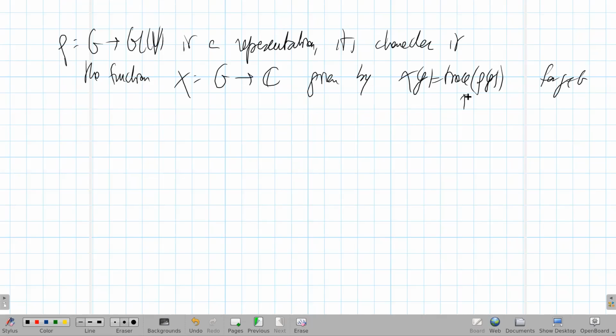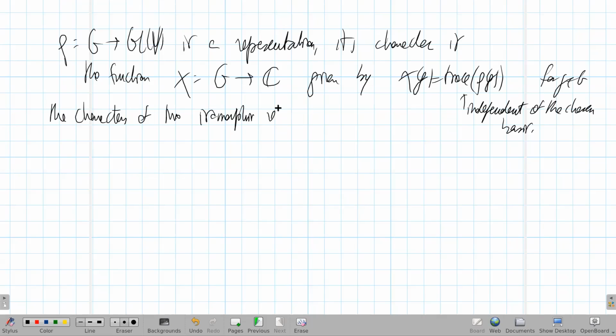So this is independent of the chosen basis. And for the same reason, the characters of two isomorphic representations are the same, because two isomorphic representations are conjugate. Which is useful. And we see that also the converse holds.